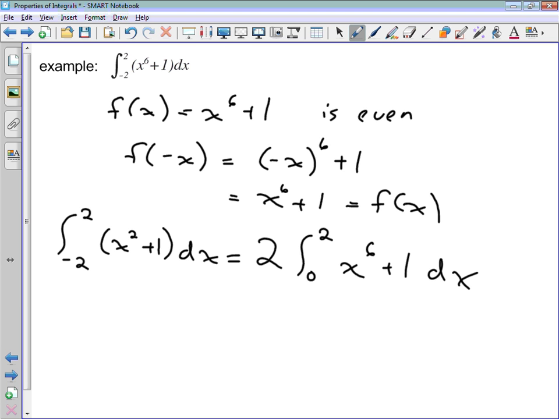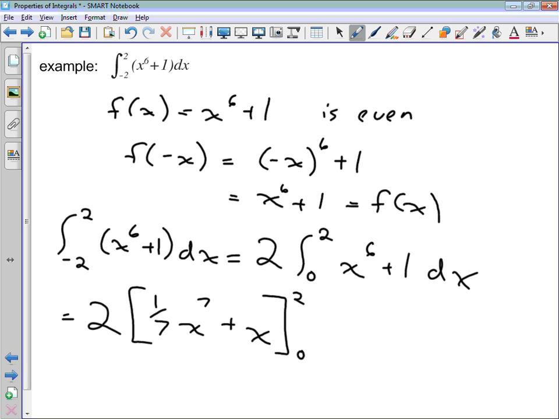Oh, that is x squared plus 1, and it definitely shouldn't be, should it? It should be 6. Okay? So we'll keep that constant out front, and we'll do our antiderivative here. X to the 6th is, let's see, the antiderivative is going to be x to the 7th over 7, plus the antiderivative of 1 is just x. And then we want to evaluate this from 0 to 2.